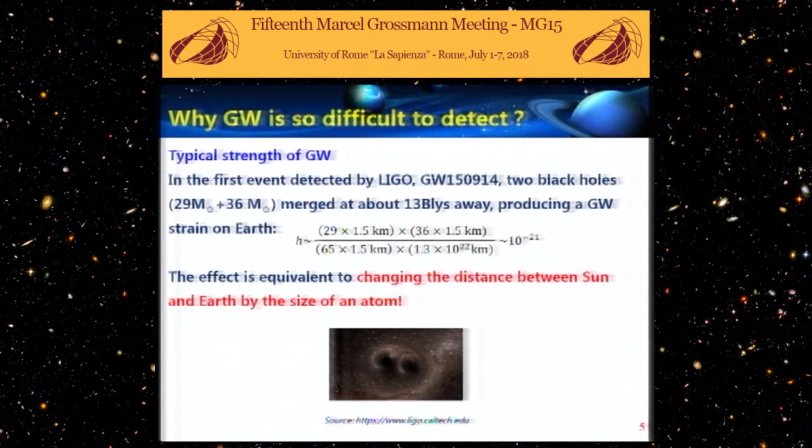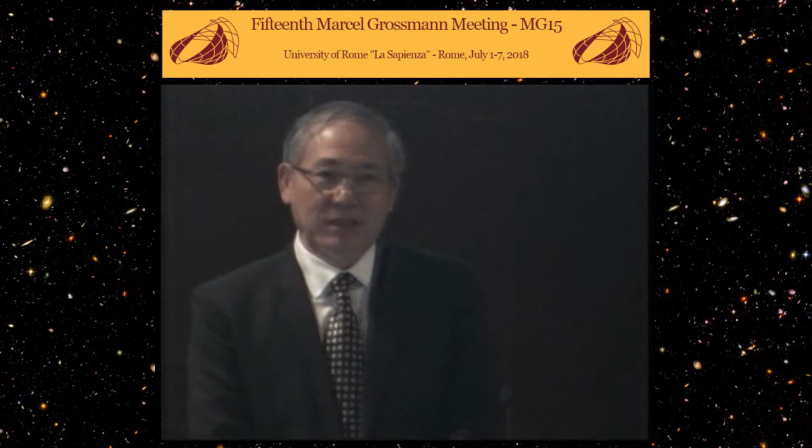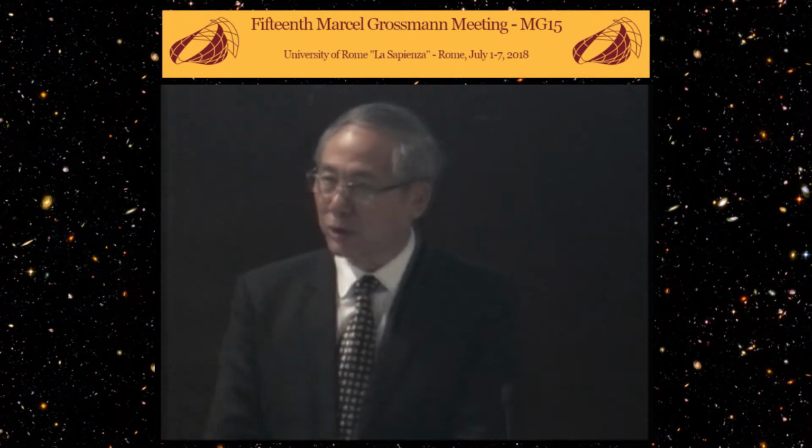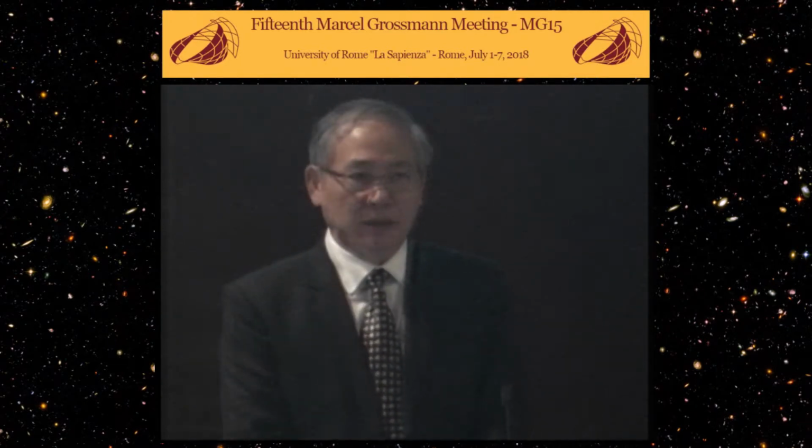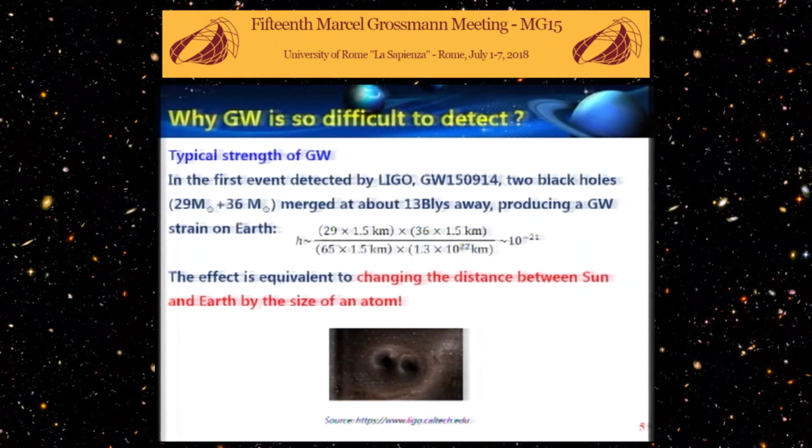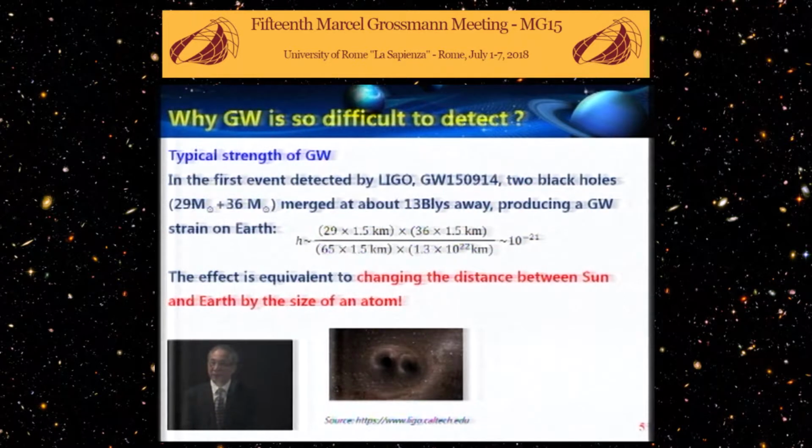And why did we wait so long to find gravitational waves? This is very, very difficult because the gravitational wave effect is so tiny. For example, consider the typical strength of the gravitational wave first discovered by LIGO.